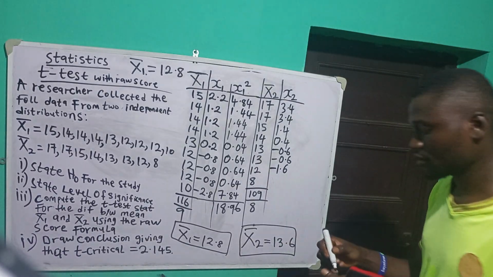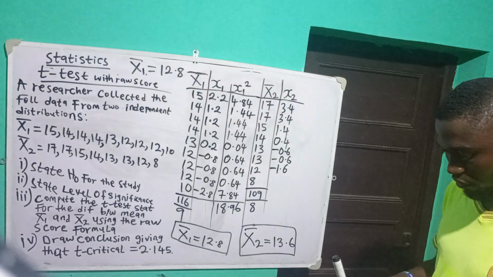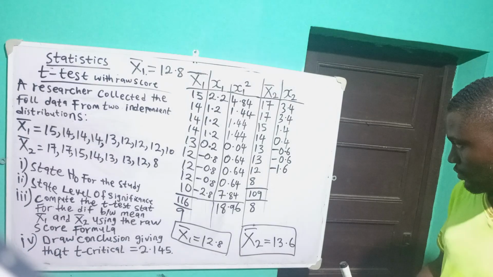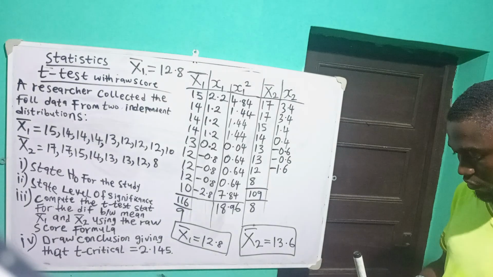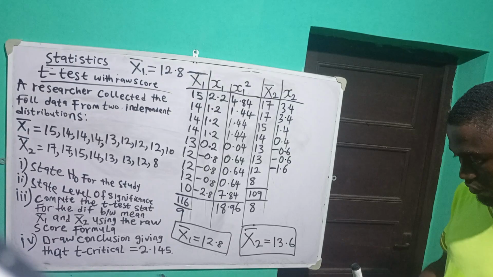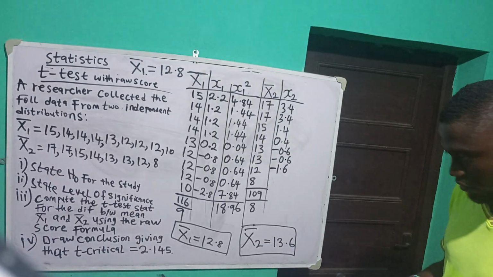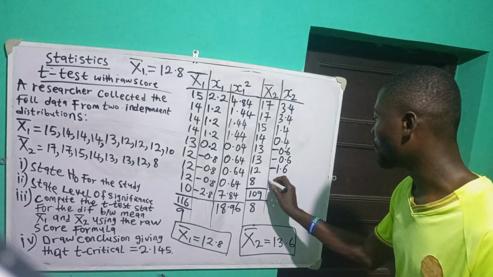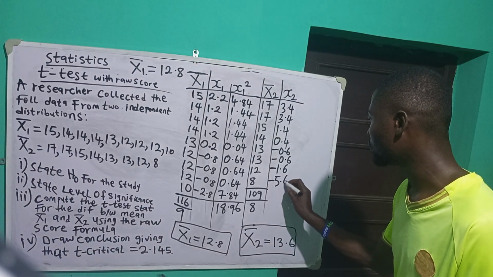Then 8 minus 13.6, you are going to have minus 5.6.